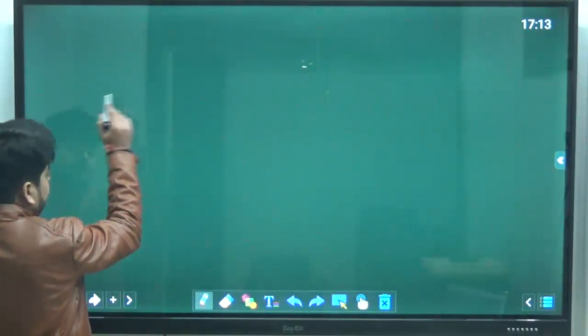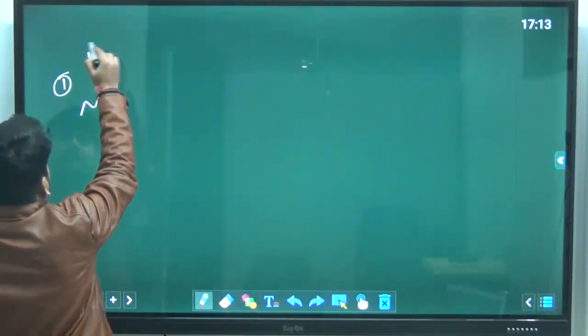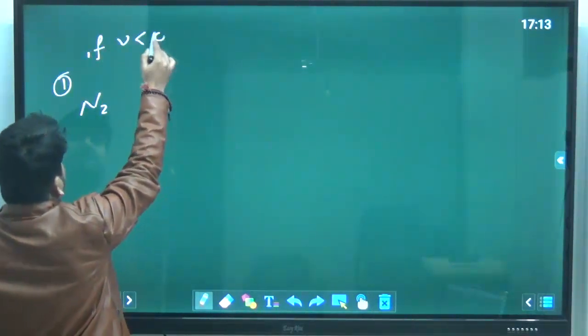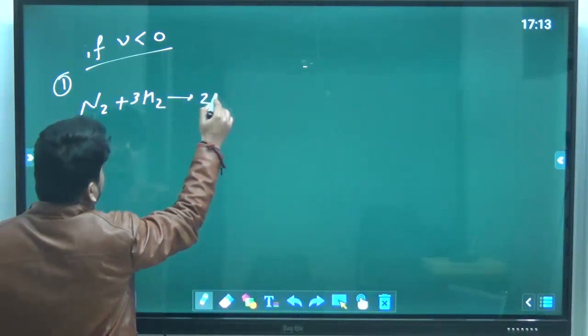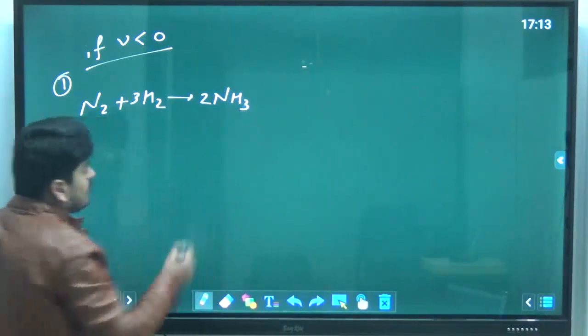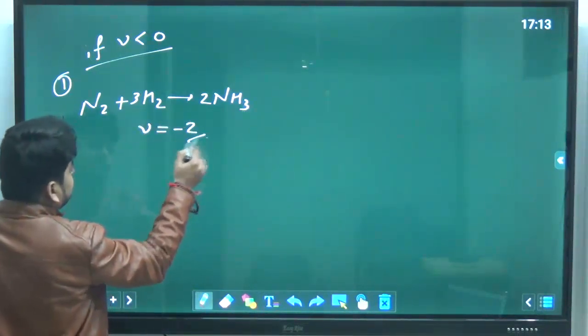Remember, there is one case: if the overall stoichiometric coefficient is negative, for example N2 plus 3H2 gives 2NH3. Here the overall stoichiometric coefficient is -2.